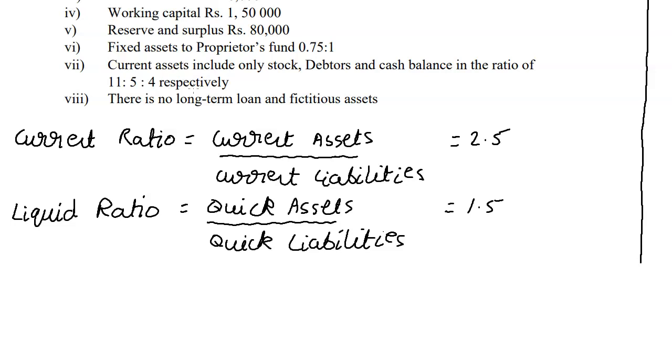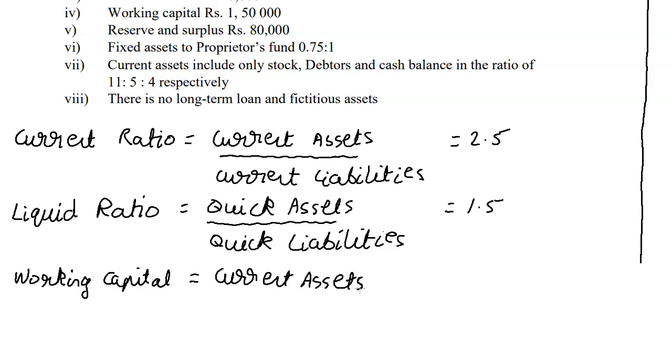So I'm going to scroll down slightly and write down the formula for working capital. Working capital is equal to current assets minus current liabilities, which is equal to 1,50,000.